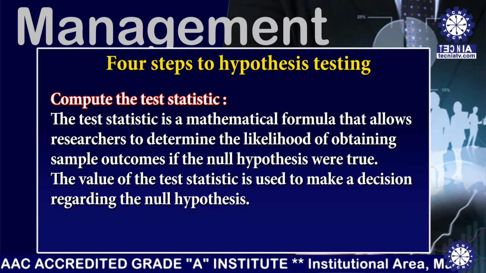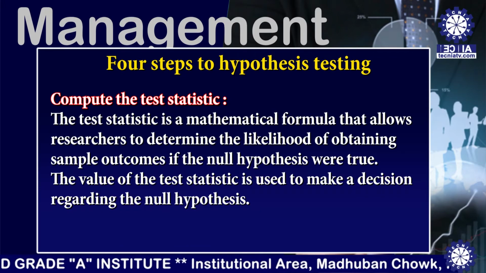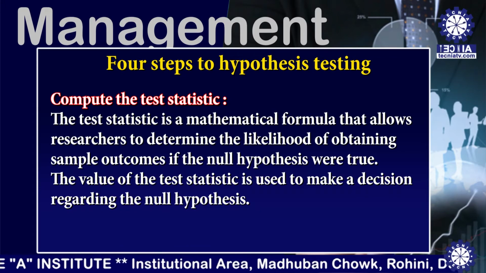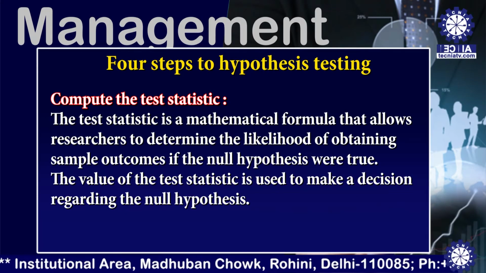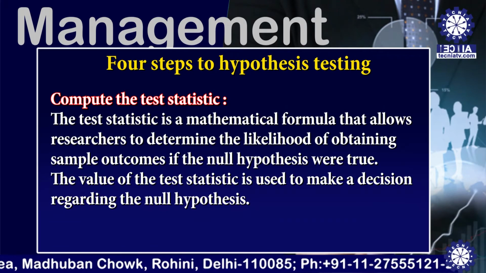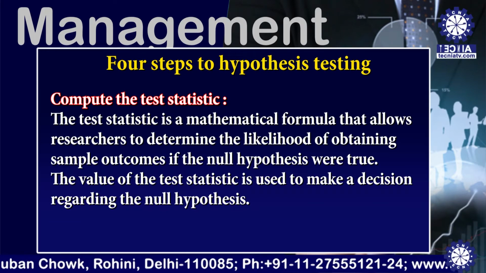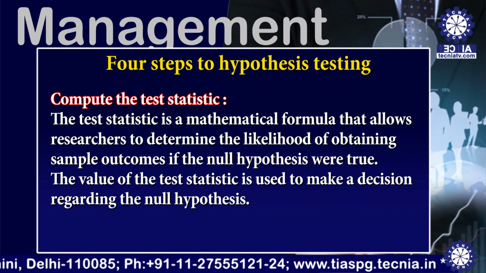The test statistic is a mathematical formula that allows a researcher to determine the likelihood of obtaining a sample outcome if the null hypothesis were true. The value of the test statistic is used to make a decision regarding the null hypothesis.